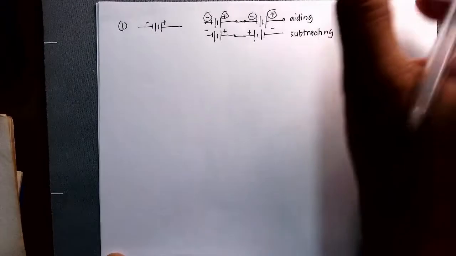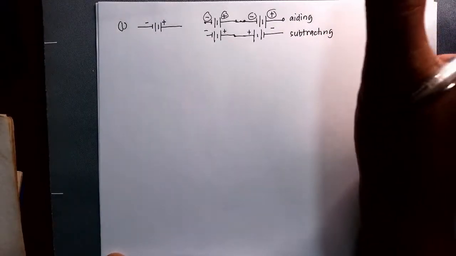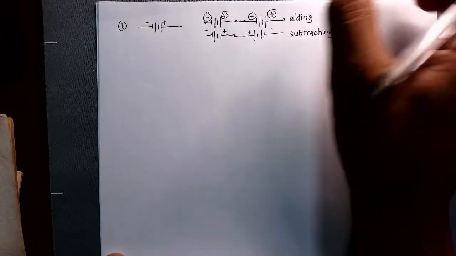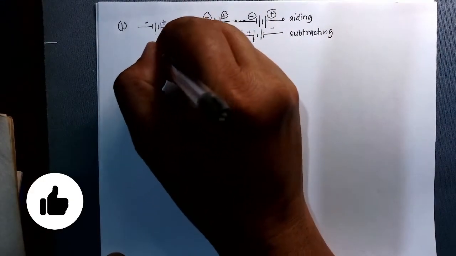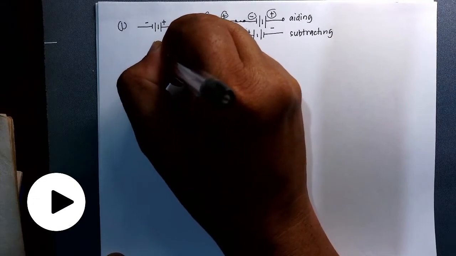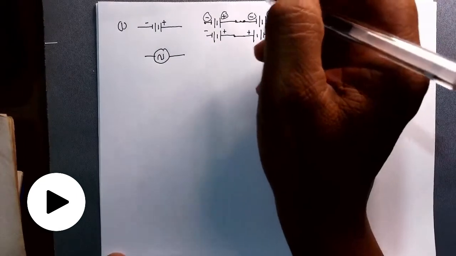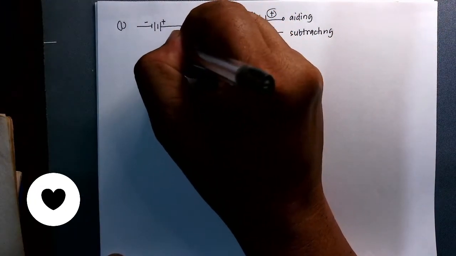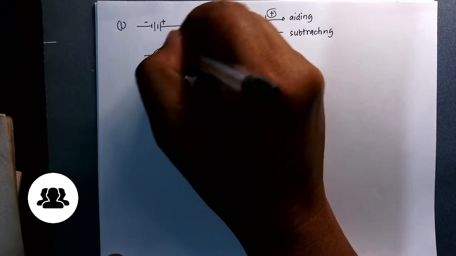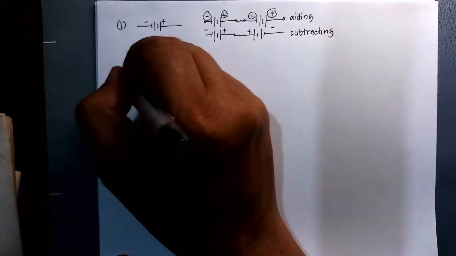So it is changing: positive half of the time and negative half of the time, or negative half of the time and positive half of the time. And that's why we have this schematic symbol. It means it is alternating, and we can place the polarity here, positive and negative, on one side. So that's for number one.